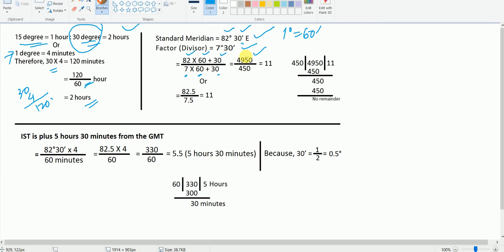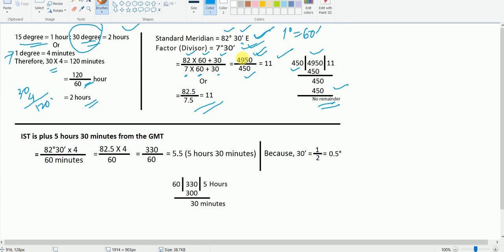If you divide this value by 450, then you get 11, no remainder. Just check it here. We are dividing this 4950 by 450. Just check it, no remainder. That means this value is a multiple of 7 degree 30 minutes. Or you may directly divide like this.